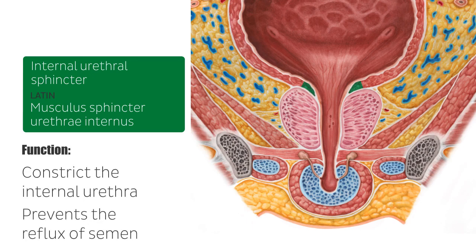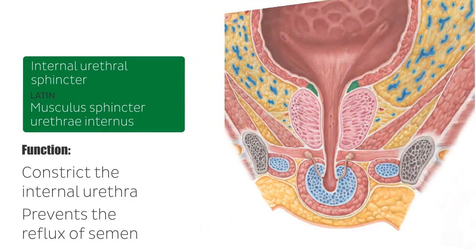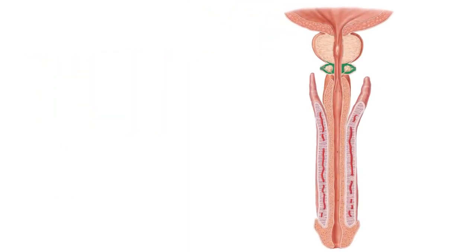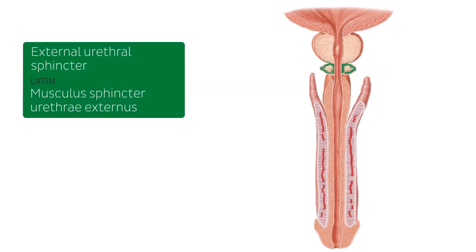The next structure we're going to be highlighting on this image, one that I pinpointed before, is also a muscle known as the external urethral sphincter. So at the membranous part, the urethra is surrounded by skeletal muscle, which is this one, the external urethral sphincter.